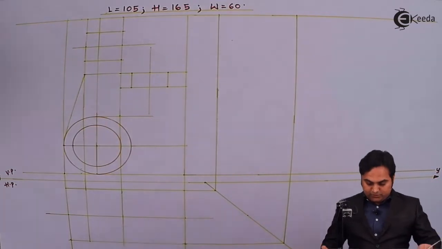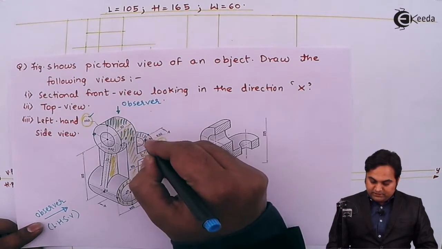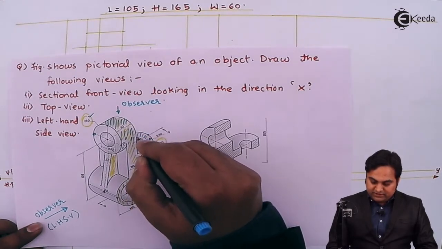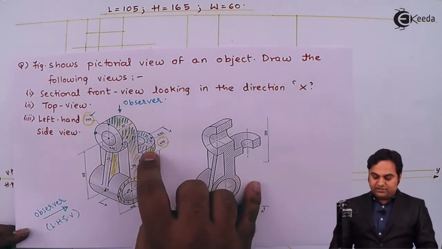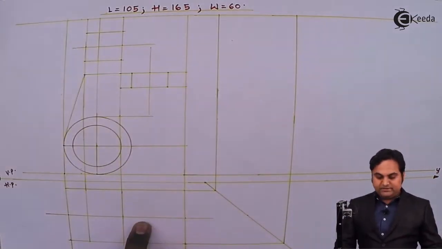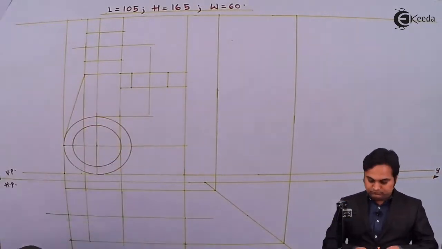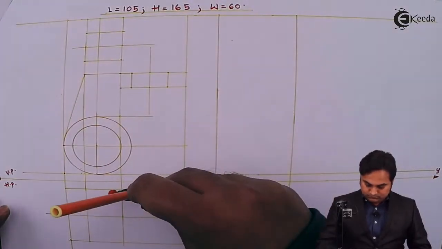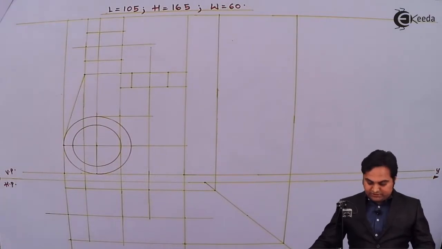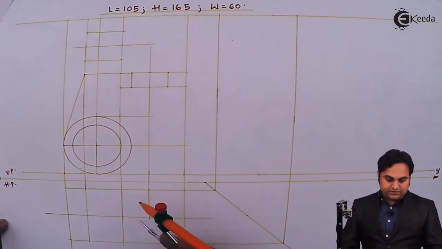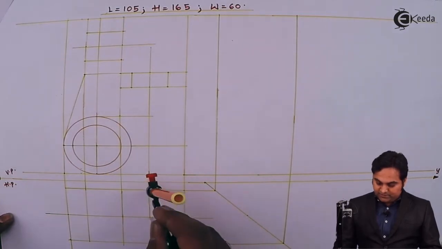Then after this block, here this semicircular part and the circle which is there inside, both are visible from the top. So I have their centers in the front view. So plotting the center, here is the center and this much is the radius for the outer semicircle, which is 30 mm, so width becomes 60 mm.